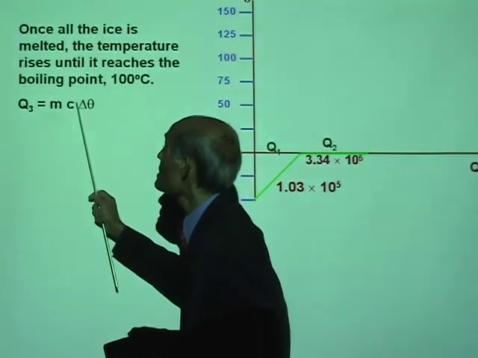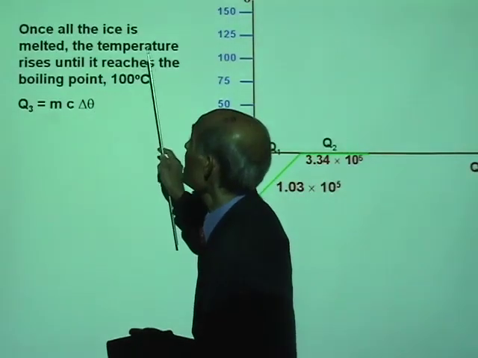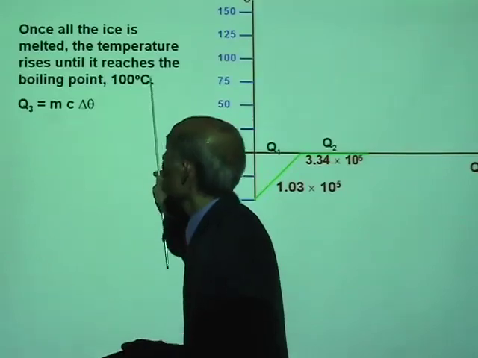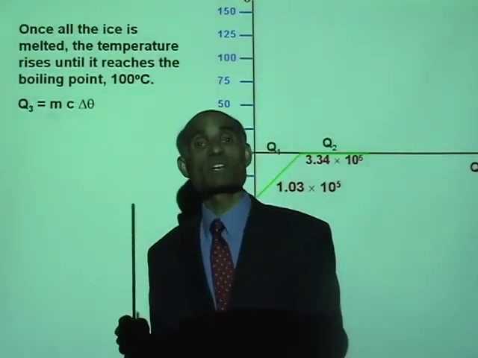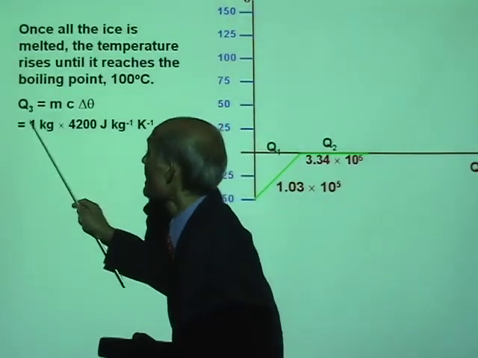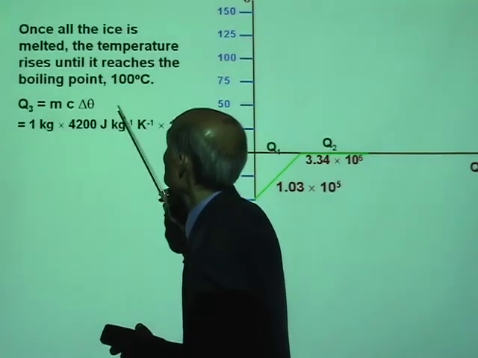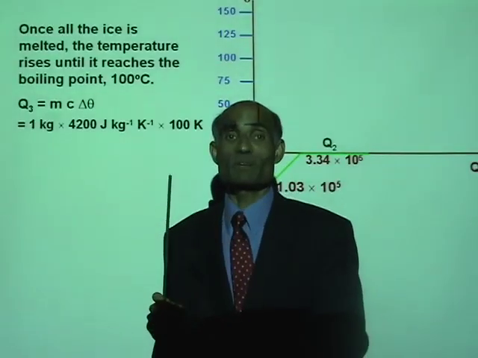And what is going to be our change in temperature? Our water is going to increase its temperature from 0 to 100 degrees Celsius. So that delta theta, the change in temperature, is 100 degrees Celsius. So that is 1 kilogram times 4,200 joules per kilogram per Kelvin times 100 Kelvin.